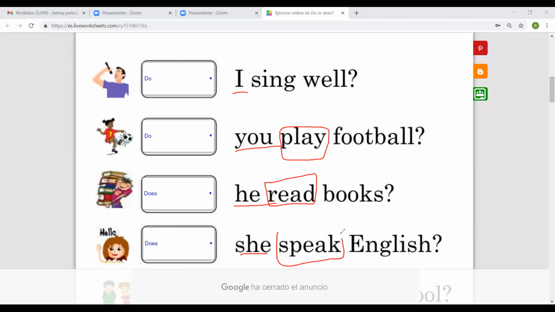Is it okay? ¿Qué pasaba con el verbo, chicos? Yes, what happened with the verb? Can you tell me? Pero queda en su forma base porque está usando el auxiliar does. Yes, very good. Okay, excellent. Yes, so you don't have to change anything, okay? Very good.